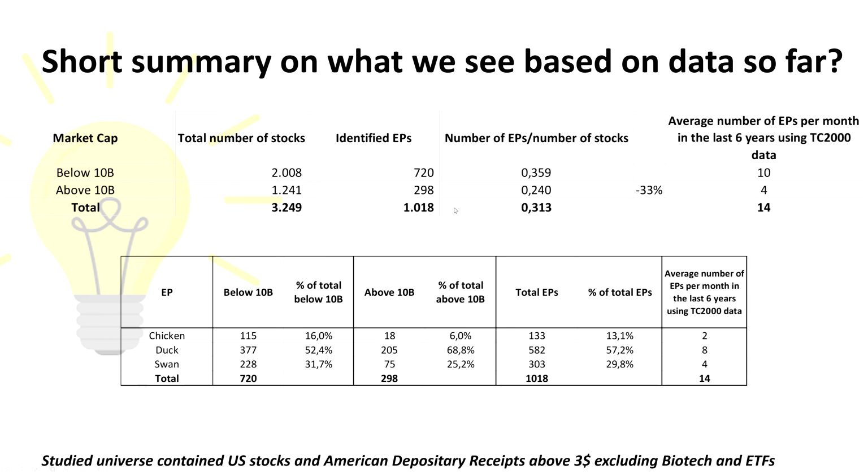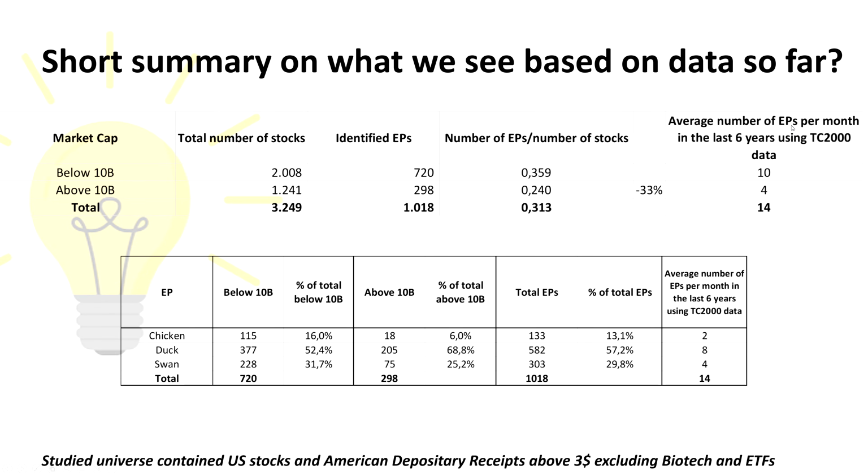What we see between below 10 billion and above is that above 10 billion, there are 33% fewer EPs, but still there are some. Above 100 billion, there are not so many, and there are also not so many companies above 100 billion, so I didn't even add that classification. So above 10 billion, there are a little bit fewer EPs, but still there are some.